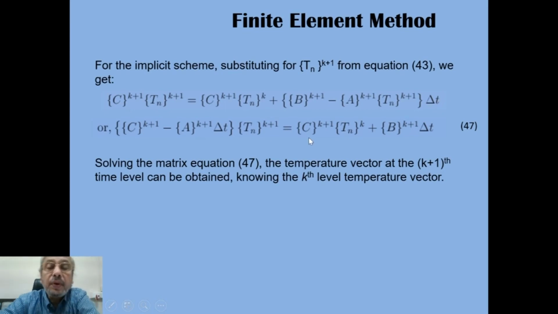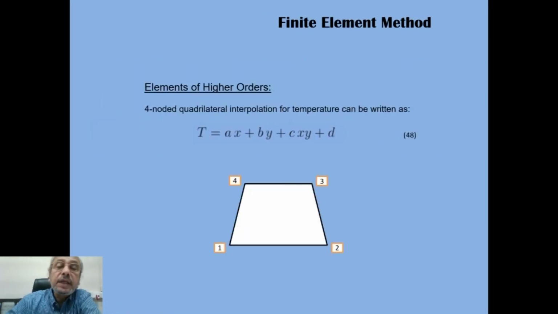Equation 47 can be solved for K plus 1 level temperatures. We can solve for K plus 1 level values from kth level values. So solving matrix 47, the temperature vector at the K plus 1th time level can be obtained knowing the kth level temperature vector. So that is the overall solution strategy.